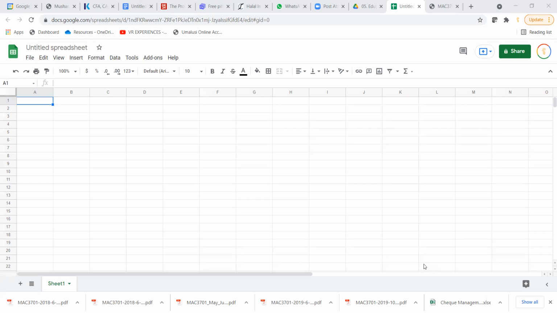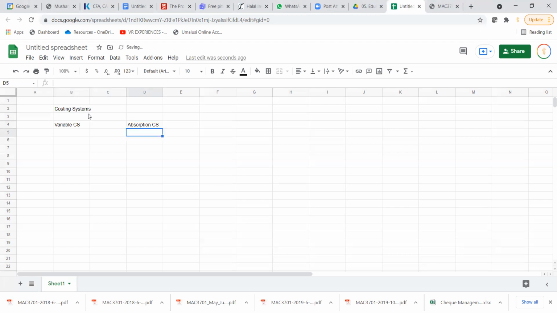When it comes to the costing systems for MAC3701 or for management accounting, we basically have two: the variable costing system and the absorption costing system.